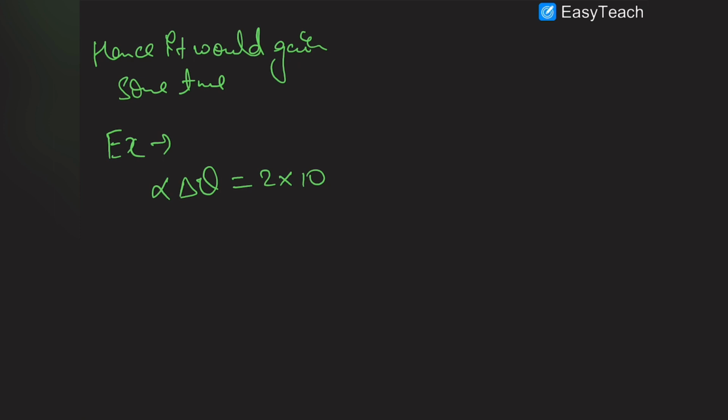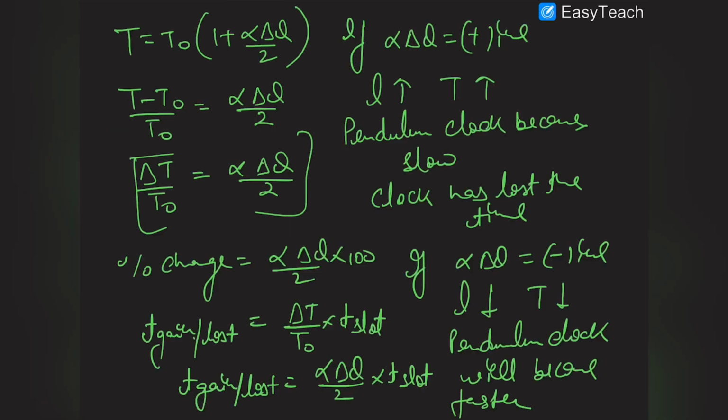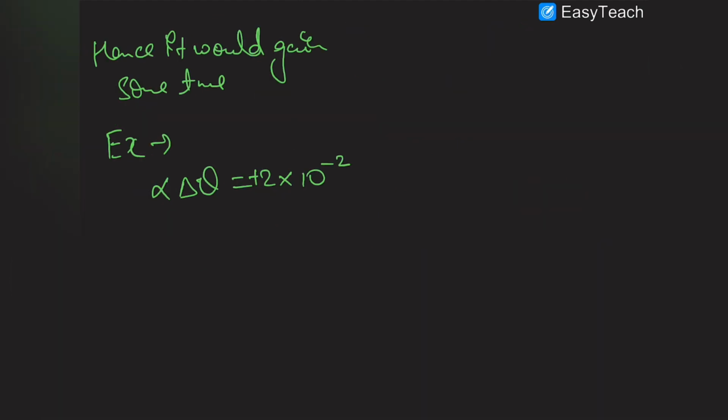Let us suppose this situation. In this case αΔθ is positive, so we know that the pendulum clock has become slow and has lost time. So we have to find out the length of a new day.